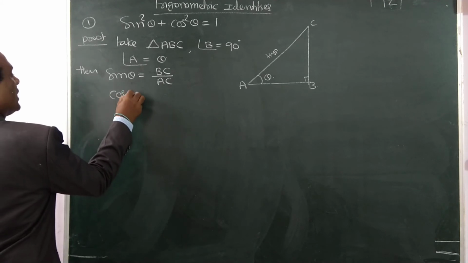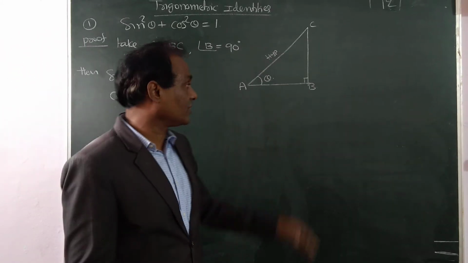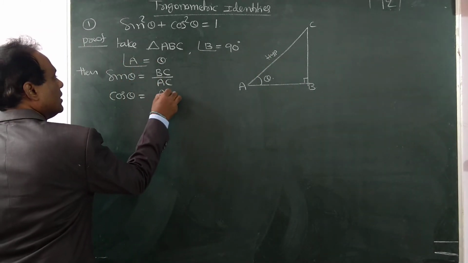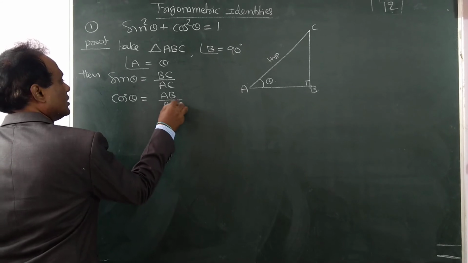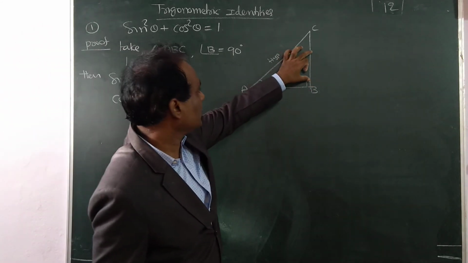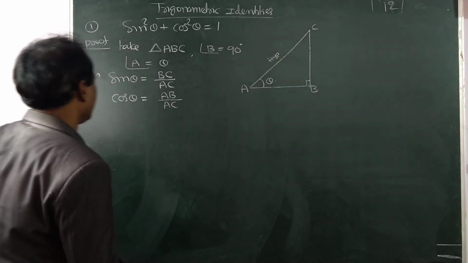Cos theta definition is adjacent by hypotenuse. What is the adjacent side? AB by AC. So cos theta is AB by AC.